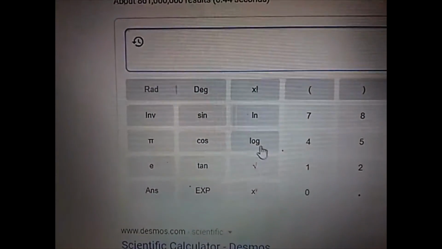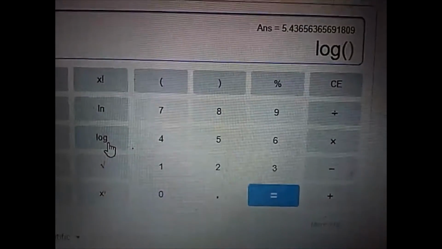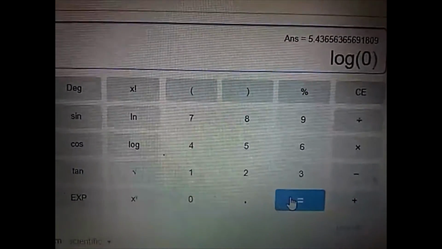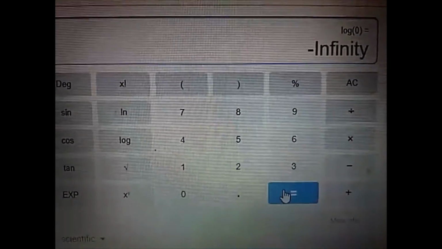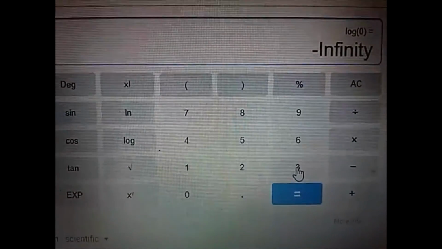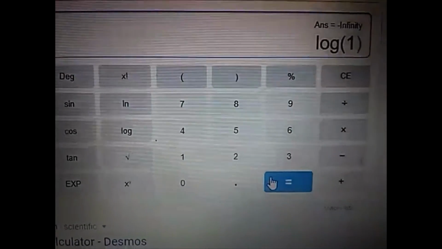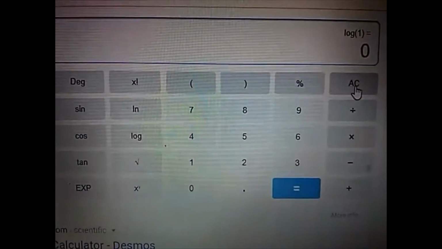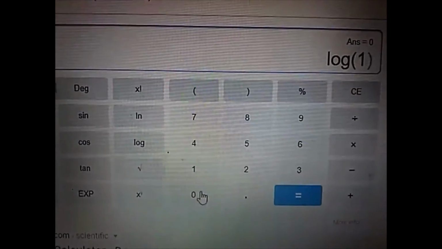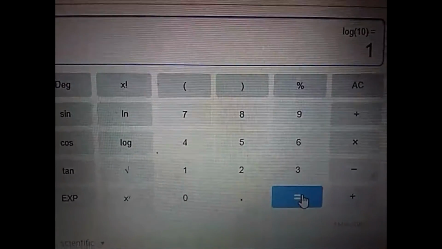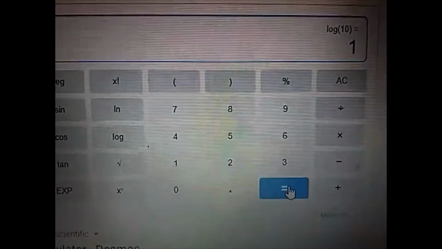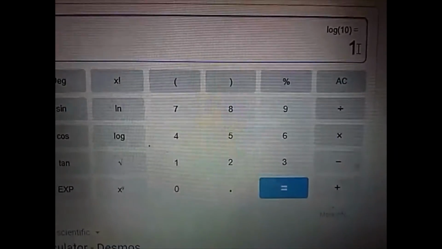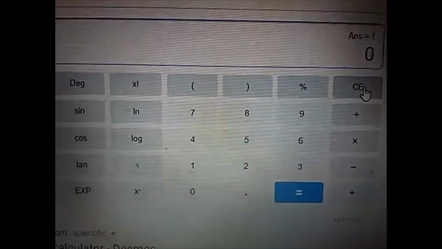Alright. Now let's see what log is. The log of 0 is negative infinity. Let's see why. The log of 1 is 0. The log of 10 is 1. Now log is based on the number 10, and the answer shows how many zeros are to the right of it.